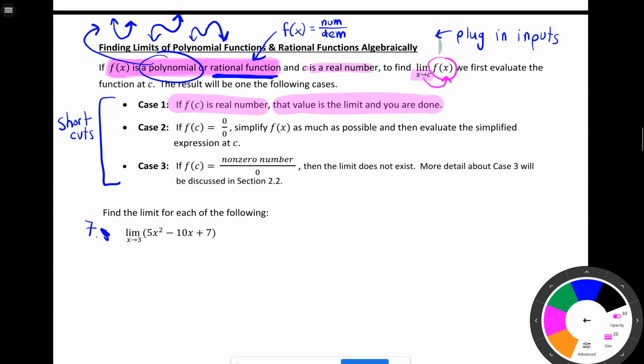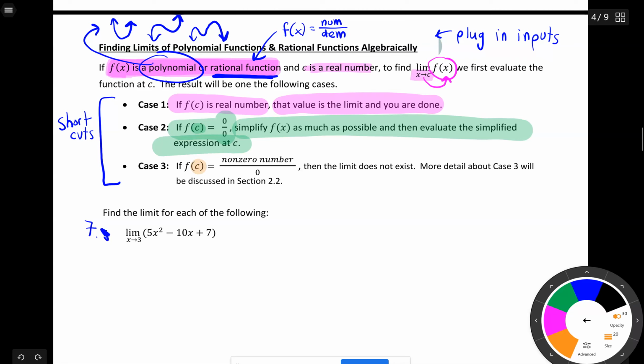If you plug a number into a polynomial, you get a real number, you're done. That's the limit. If you plug that input into the function and you get this specific fraction, 0 over 0, you have more work to do. You have to simplify the function and then re-evaluate. I'll show you an example of that.